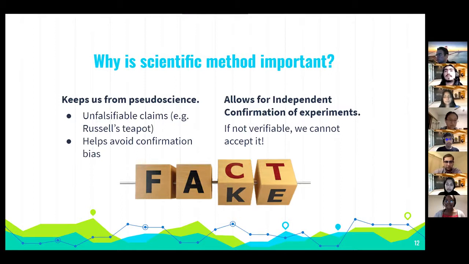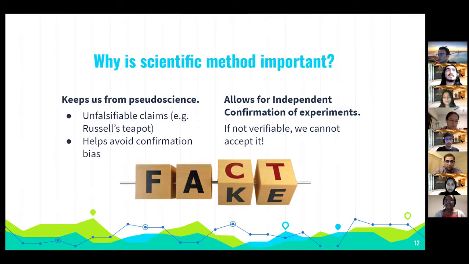Following the scientific method helps us avoid things like confirmation bias, where we actively try to validate our own preconceptions about how something works. Or it can help us rule out ideas that are unfalsifiable, or things that we simply cannot put to the test.